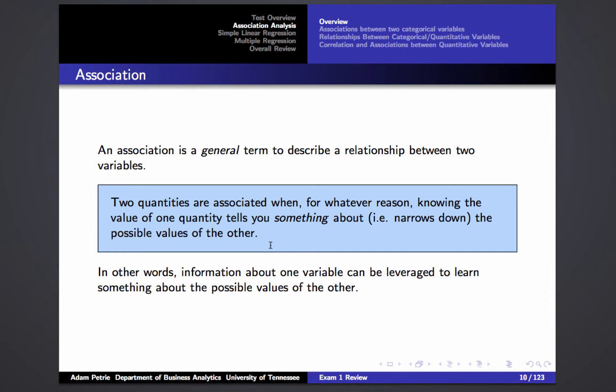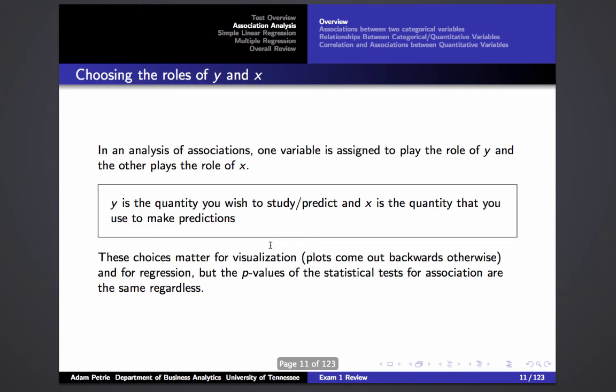So how can they use information about how much money was spent on advertising to predict or figure out how many sales are going to result? One important thing about association analysis was casting the two quantities into the roles of X and Y. The statistical analysis of whether the two variables have an association doesn't really depend on which is Y and which is X, but graphically this was a key distinction.